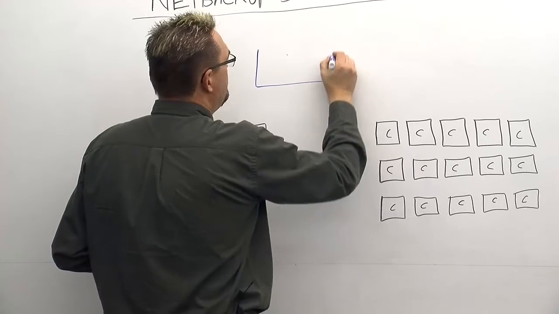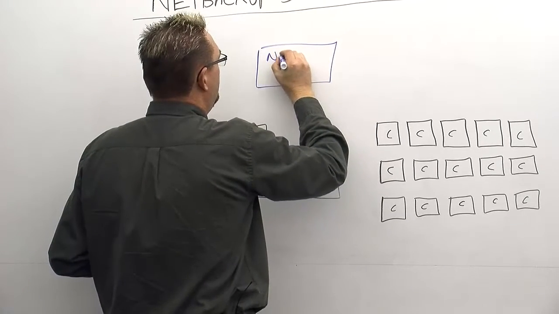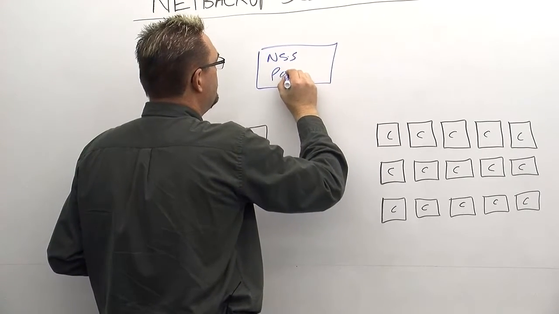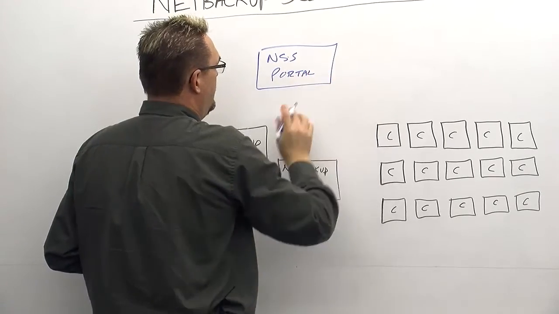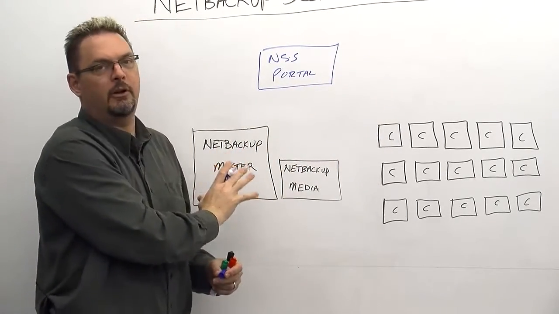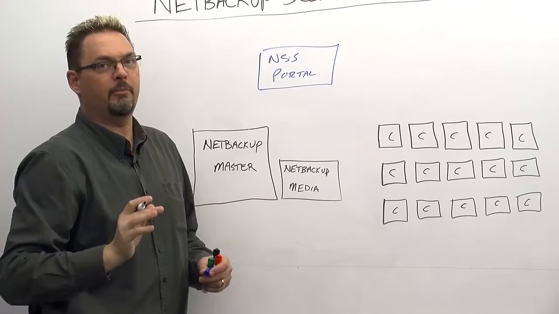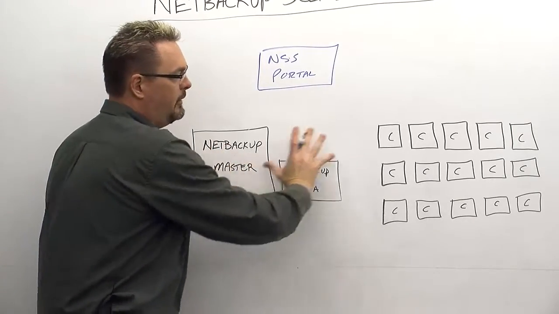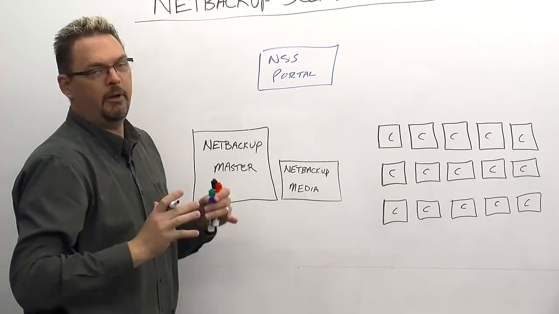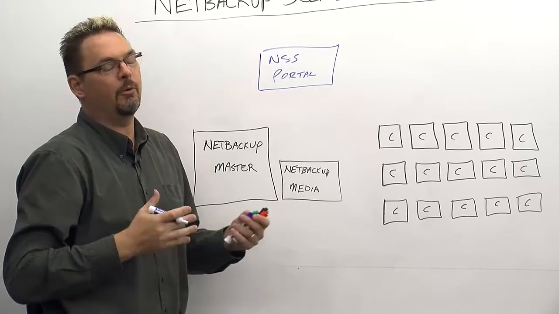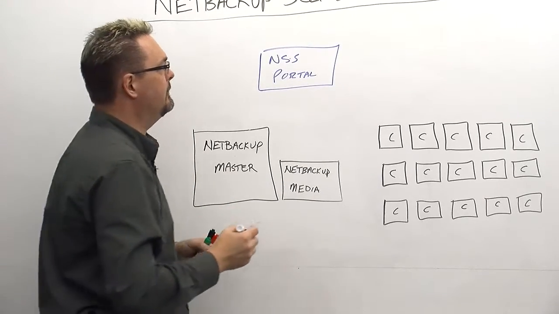So what we're going to do is we're going to install NetBackup Self Service Portal. And this does not make any modifications at all on the NetBackup master. So that's very important to understand, as we are not modifying your existing environment. This can be put in on any production environment, or it can be installed from scratch. Doesn't make any difference.